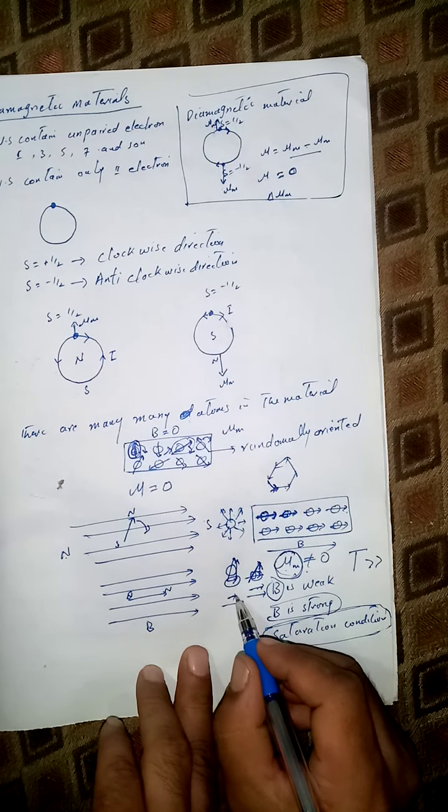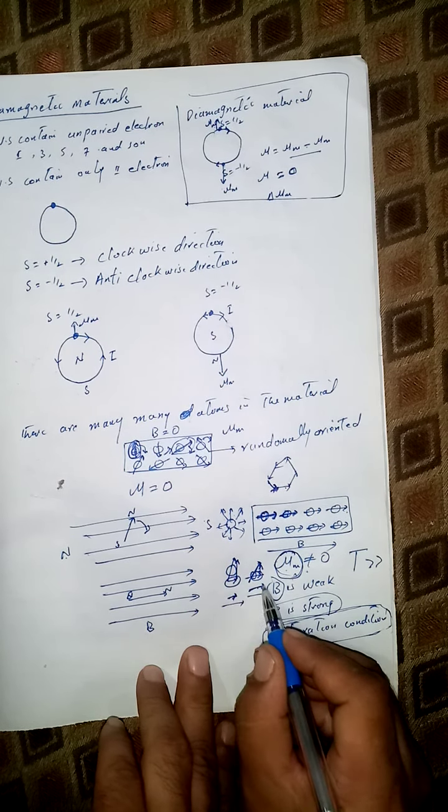So as a whole, the net dipole moment decreases, because initially we added these and got a net dipole moment, but in this case we add these and get a net dipole moment which is smaller. So the net dipole moment depends on temperature.